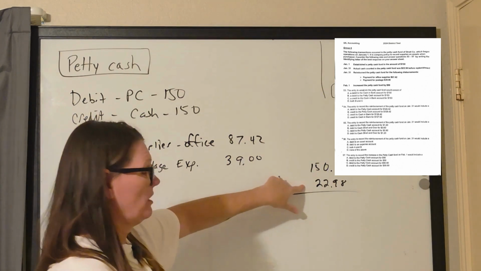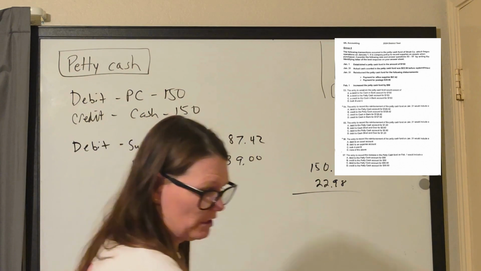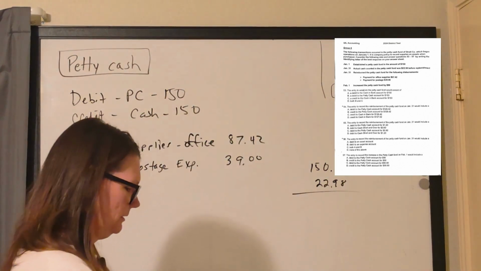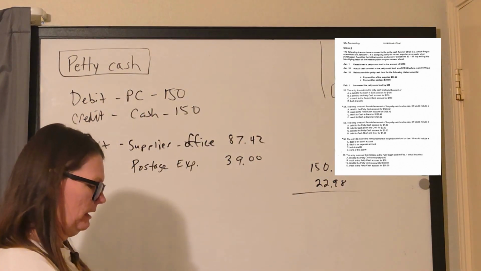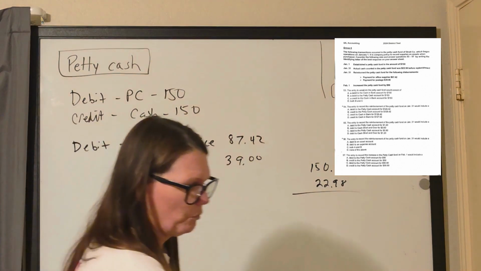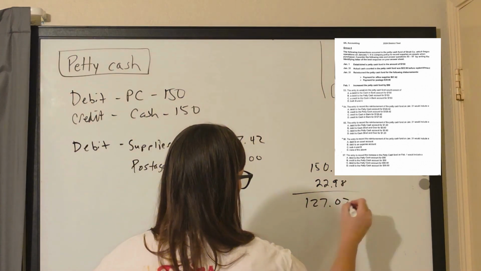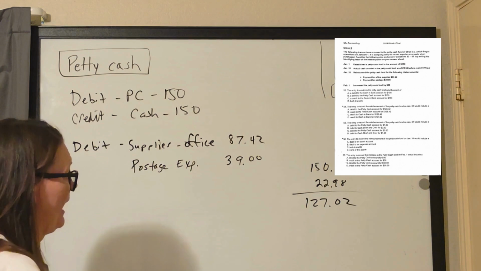So this is how much they actually counted. So we need to make it be $150 again. So I'm going to use my calculator. 150 minus $22.98. So we need to put back $127.02. That's how much goes back.